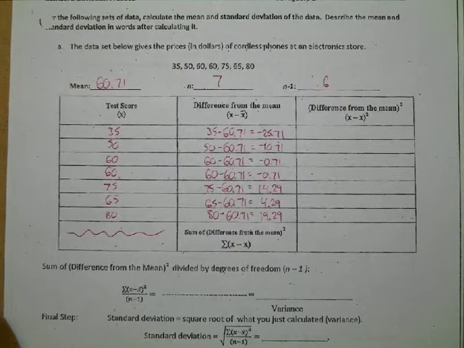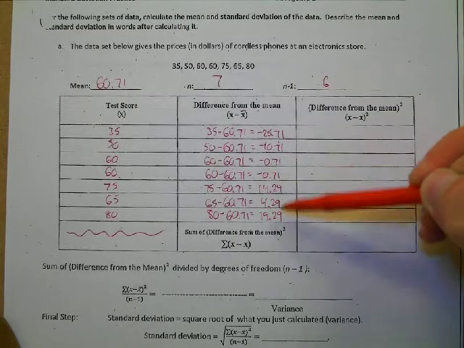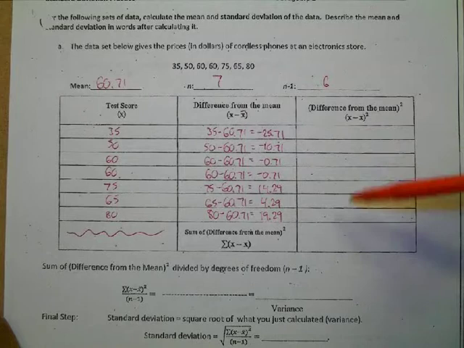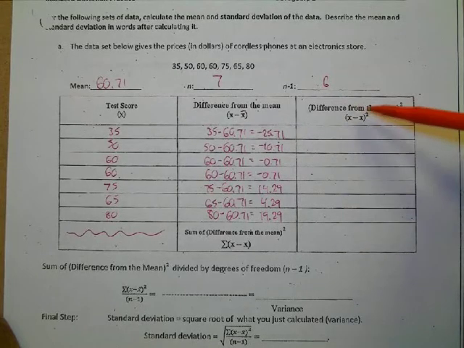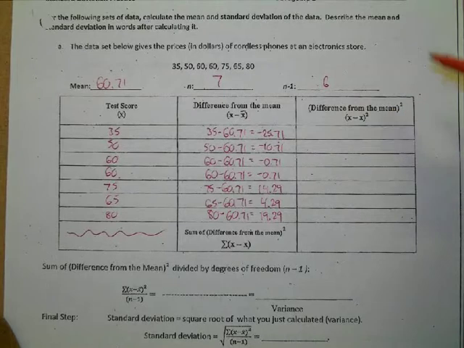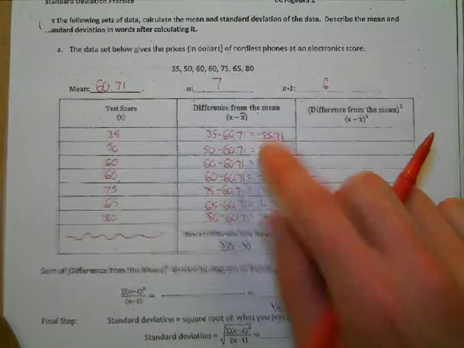There's all the subtractions, and now what are we supposed to do with all those differences? Each one of these differences that we found, we are now going to do what? For this third column, what are we going to do? Square them, right? Difference from the mean, quantity squared there. So we're going to square each one of these differences. Make sure you put the negatives in parentheses.